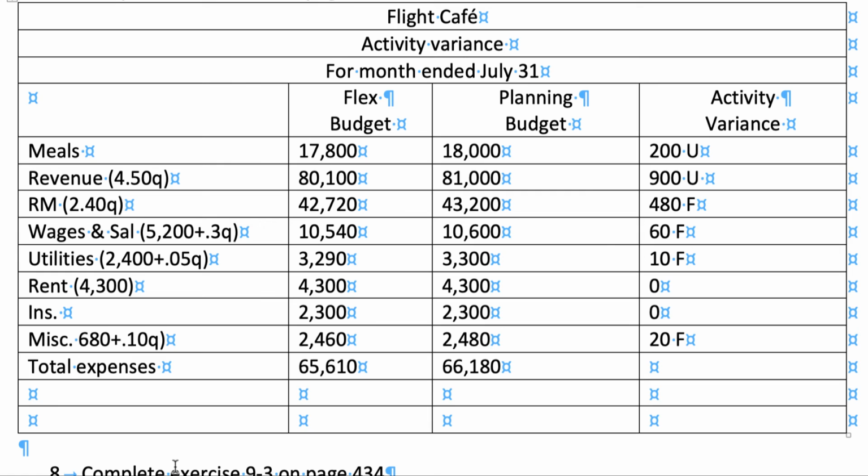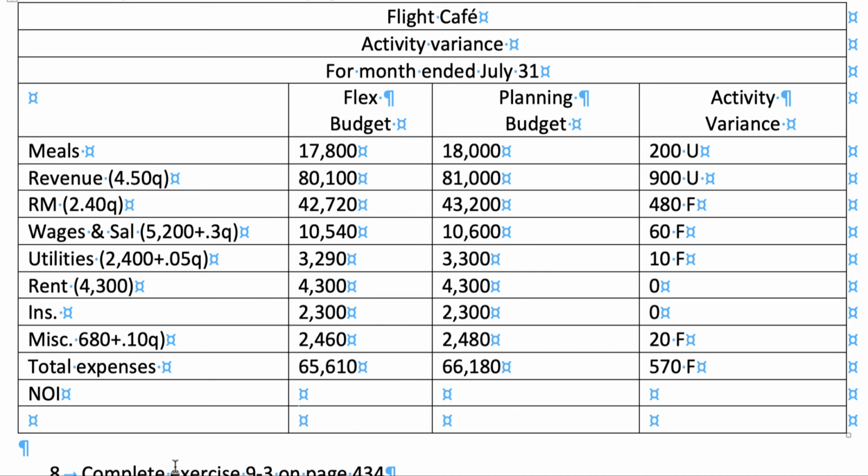So just looking at total expenses, are we favorable or unfavorable? Well, based on actual output, these are what the costs should be. We are favorable compared to the planning budget. We are $570 favorable. So what's our net income, or our net operating income?